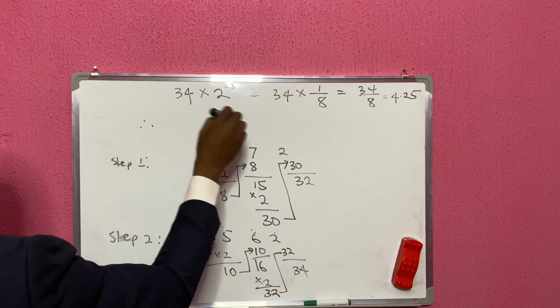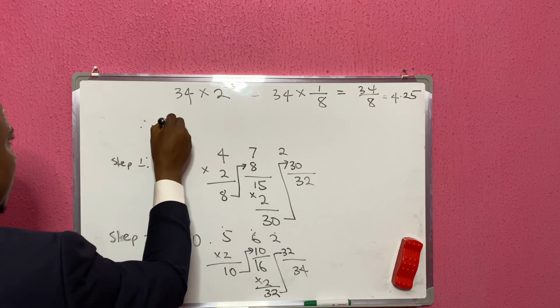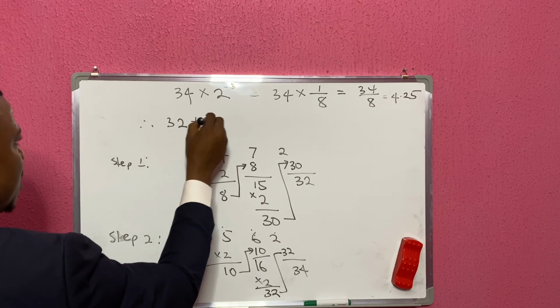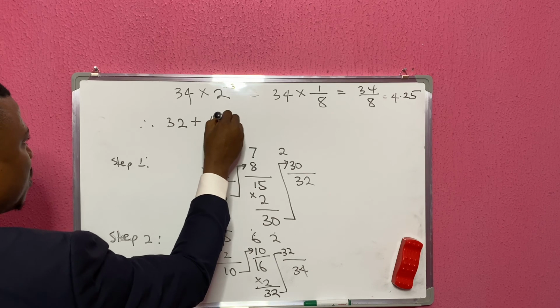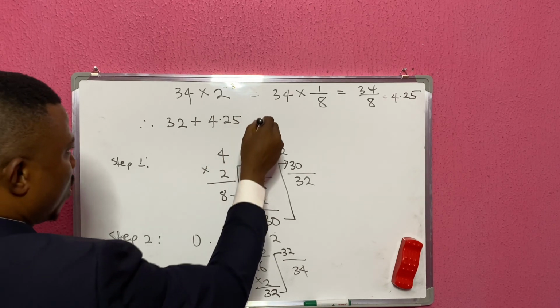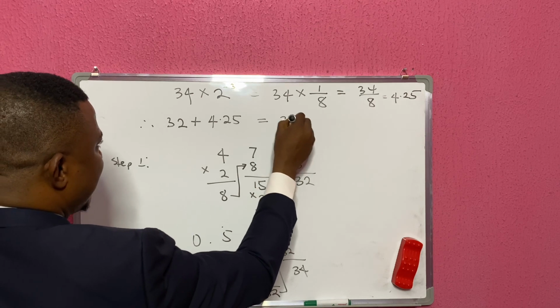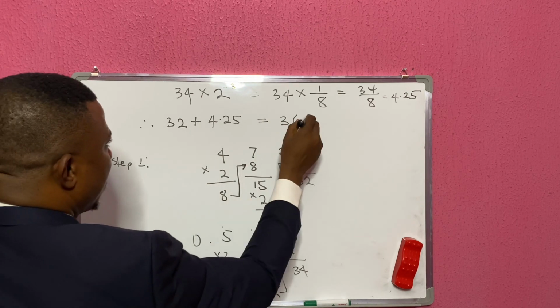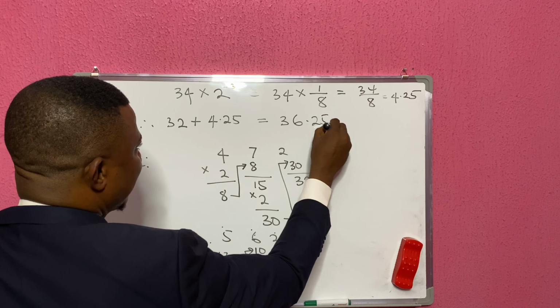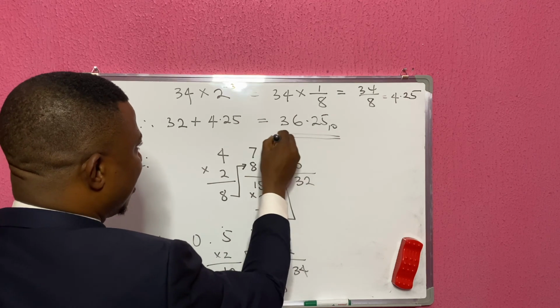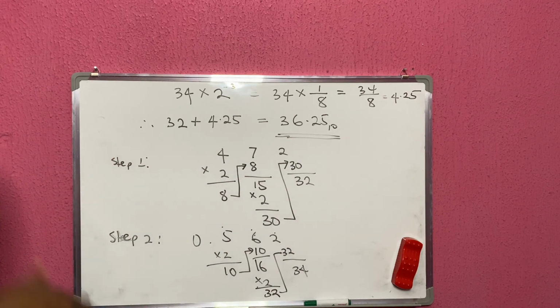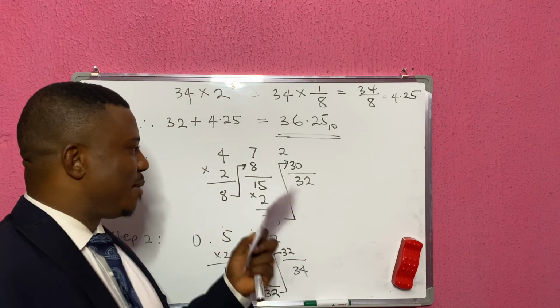Therefore, 32 plus 4.25 will give us 36.25 base 10, and that is your answer. If you apply the first method, you will arrive at the same answer.